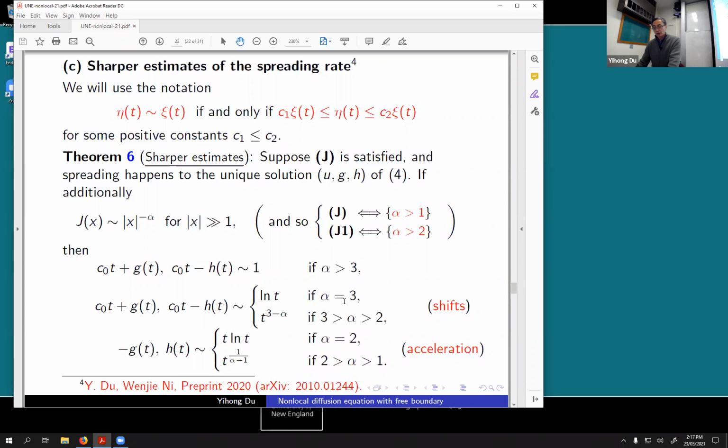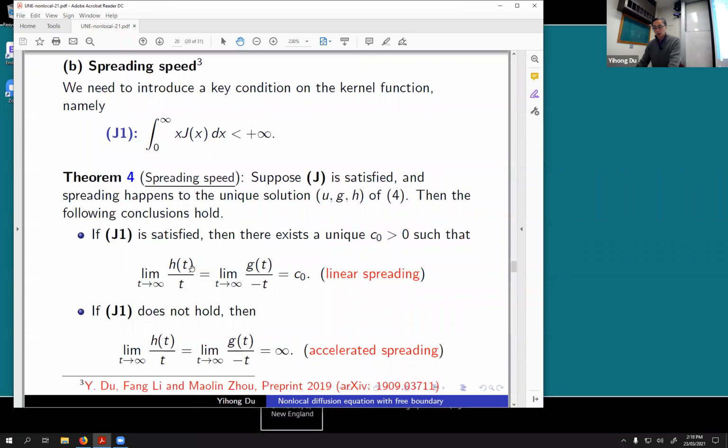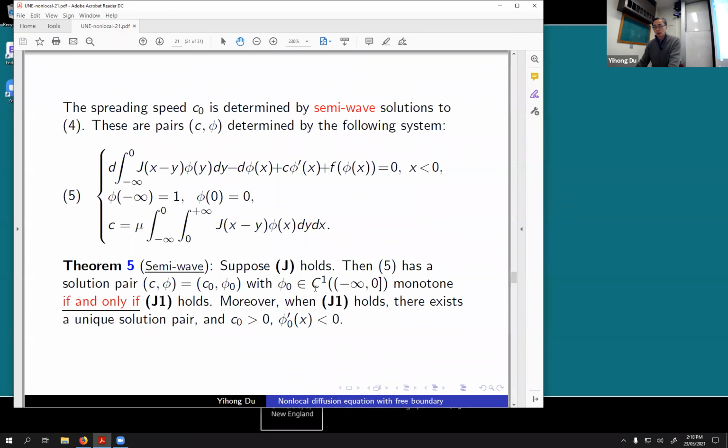But if alpha is between 2 and 3, this difference is no longer bounded. If alpha equals 3, the difference is of log t order. And in the range between 3 and 2, it's this order. So this is sharper than what we had seen. This quotient has limit C0.